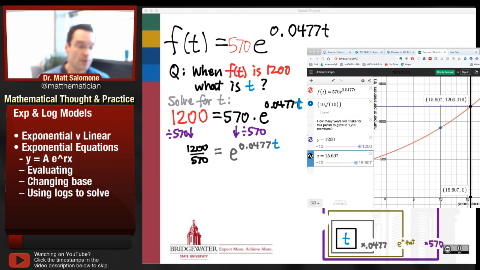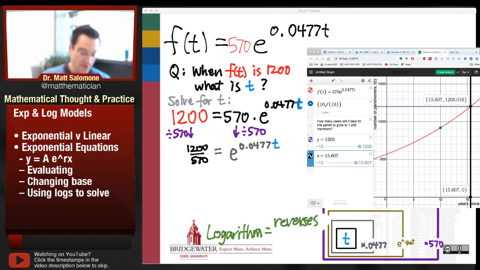So I've now unwrapped my outermost layer of wrapping paper, this multiplication by 570. The next layer I need to unwrap is the exponentiation, the fact of raising e to a quantity. What I need is something that can undo that. And this is as much as I'm going to say about the definition of logarithm. But the logarithm, its purpose in life, is to undo an exponentiation. So logarithm equals a reverse exponentiation.